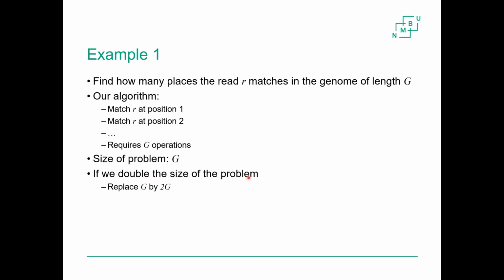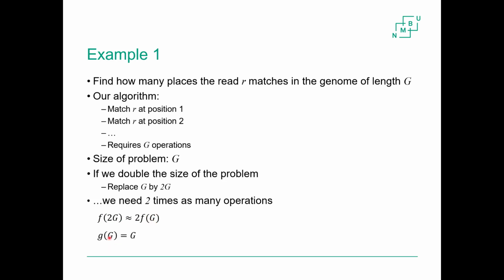If we double the size of the problem, going from G to 2G, then of course we need 2 times as many operations, simply because there are double the number of positions. And this means that the running time for 2 times G is approximately 2 times the running time for 1 times G, right?